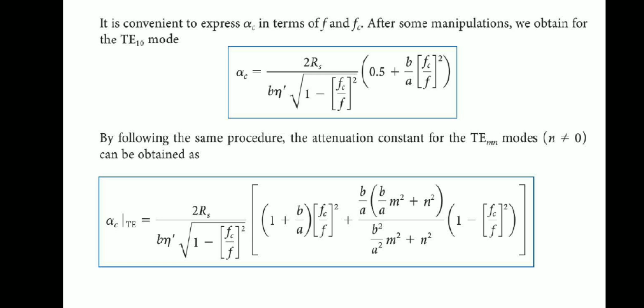For the TE10 mode, the dominant mode, you will get alpha c as 2Rs divided by b eta dash root of 1 minus (fc by f) whole square, into 0.5 plus b by a (fc by f) whole square.